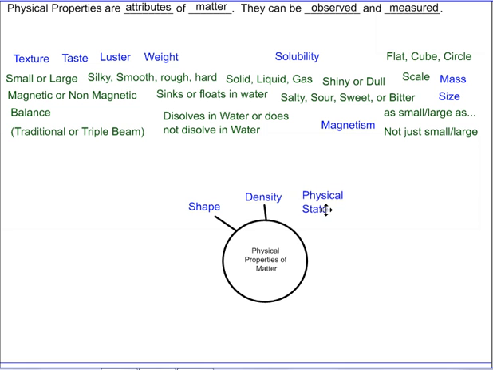The physical state of an object can also be a physical property. Mass can be a physical property. Size can be a physical property. Taste can be a physical property if Miss Span or I tell you that you can taste an object. Weight can be a physical property of an object.